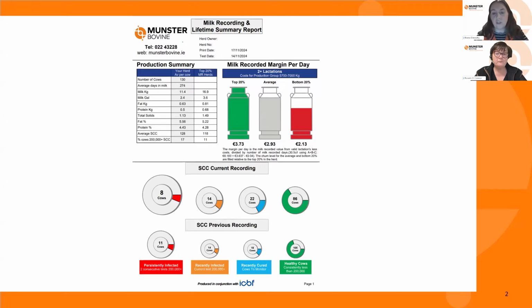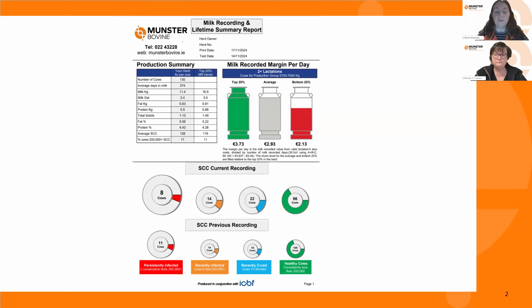The grey churn then is the middle 60% of your herd, and the fill of that churn is related to what your average 60% are producing in relation to your top 20%. So the fuller that jar is, the closer your average 60% are to your top 20%. Again, your bottom 20%, the fill of that jar is in relation to your top 20%.